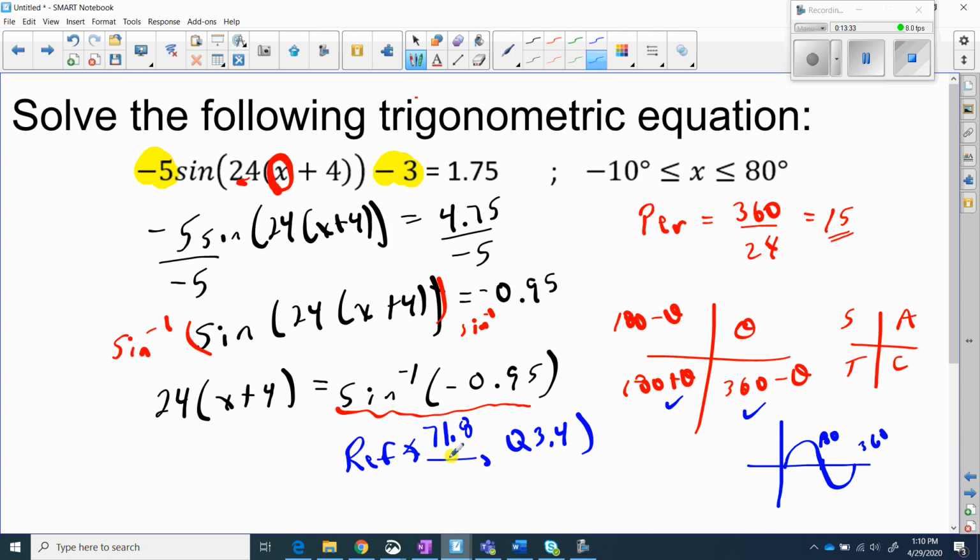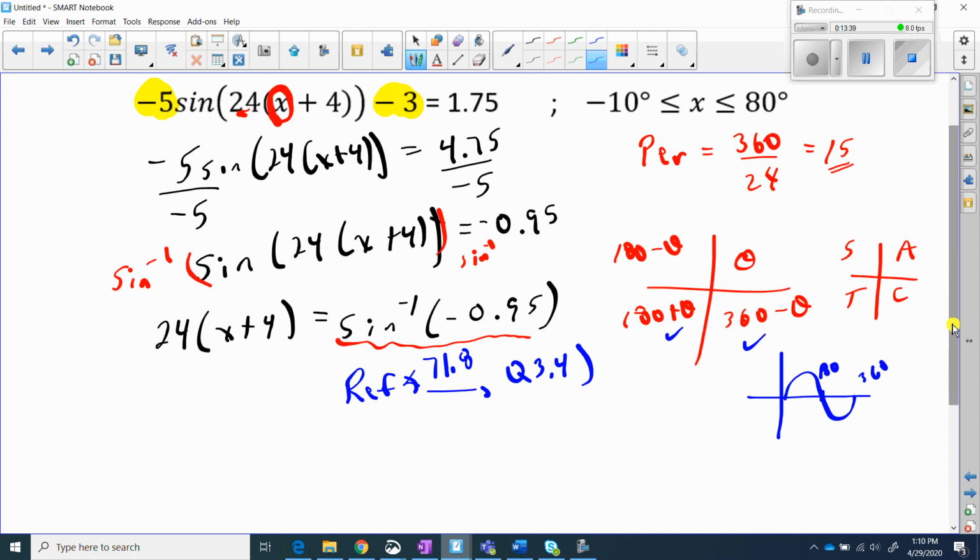Okay, so now I'm going to figure out what are the two possible angles. Well, the two possible angles, if I go with 71.8, there's one here and one here. So I'll just call them theta 1 or whatever you want to call it. So theta 1 is 180 plus 71.8. Well, that's going to be 251.8.